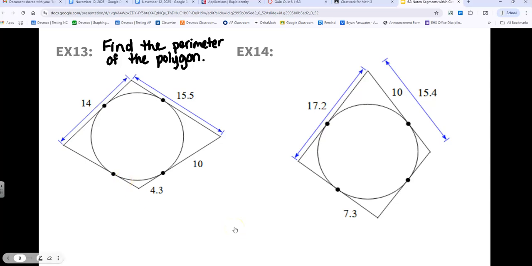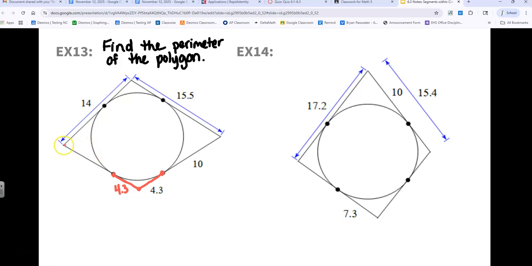So the key to this is that if I have a tangent coming from the same point, like from here to here and here to here, what do I know about those two little segments right there? They have to be equal to each other. So this would have to be 4.3.